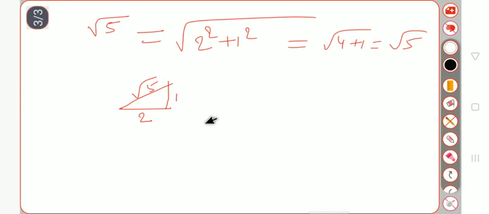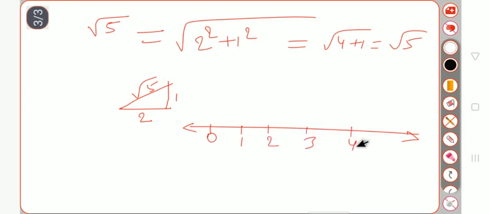So take a number line. Take this as 0, this point as 1, this point as 2, this point as 3, this point as 4. Now we have to take 2 units as base, so take from here to here as base.